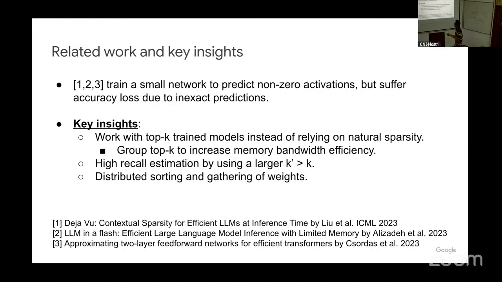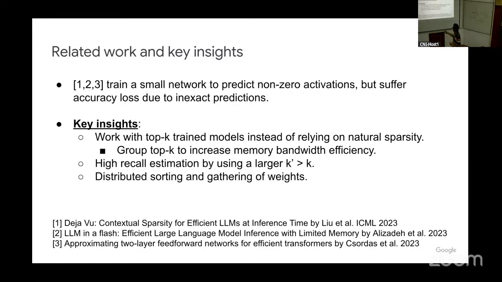So some of the key insights in our work, which we try to address from prior work, is that firstly, we work with top k trained models instead of relying on natural sparsity. It turns out that even a small amount of top k tail patching, so even after the model has been trained, if you continue training it with a top k in the training loop, it can substantially amplify sparsity without losing accuracy by too much.